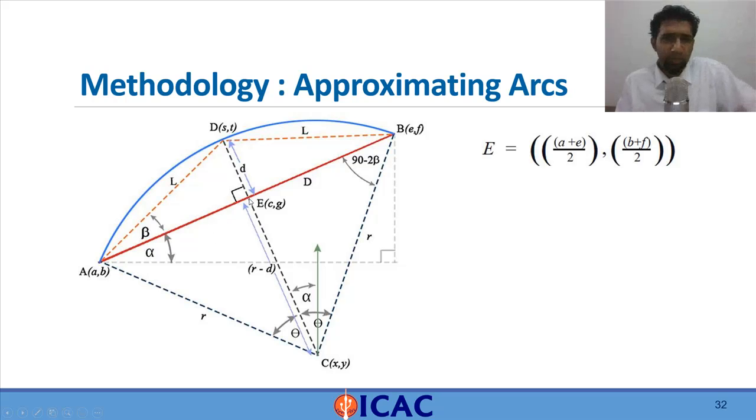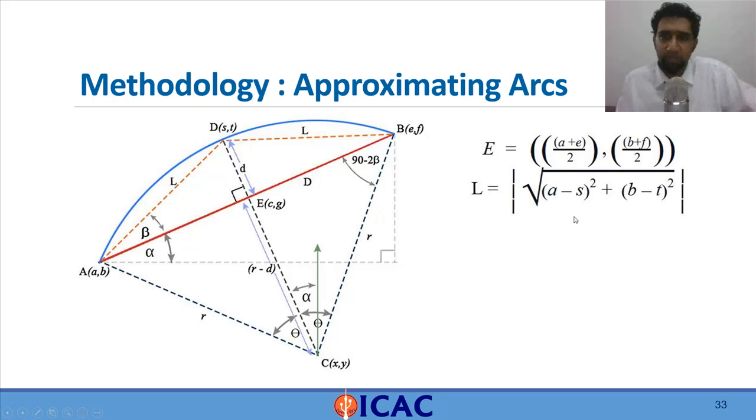So you can find the center of the chord because it's a straight line. Finding the center of the straight line is very simple. Since this is a rectangle, it's easy to find this length, and you can find this angle, the beta.